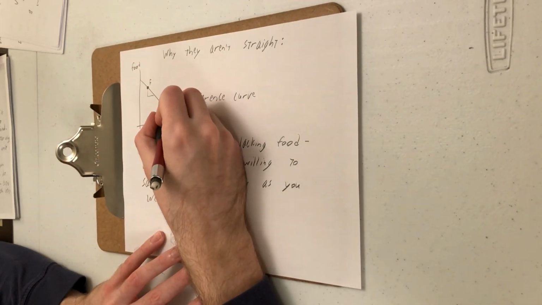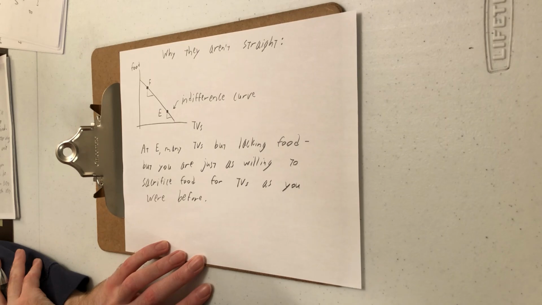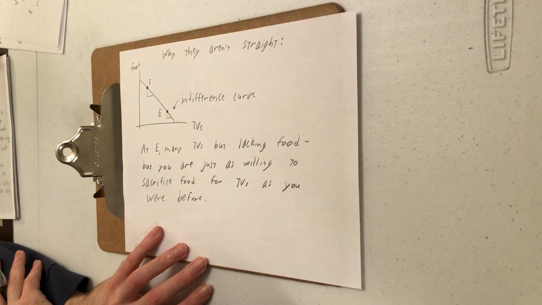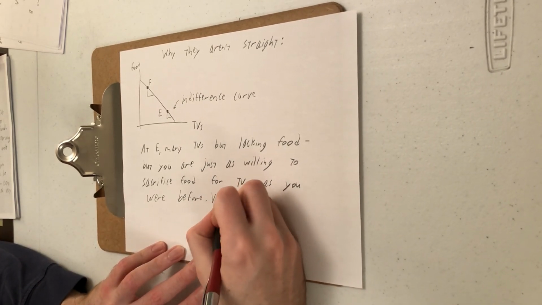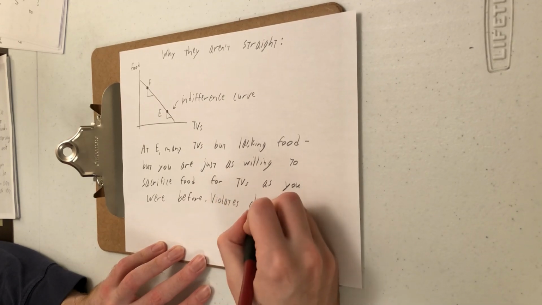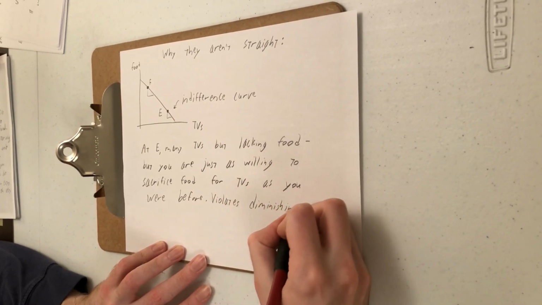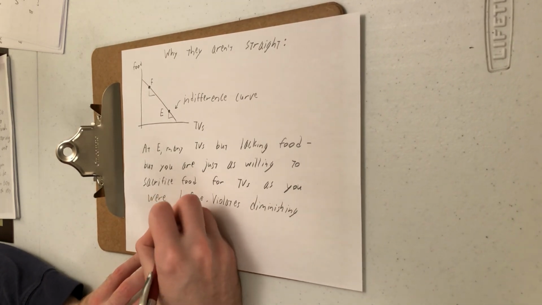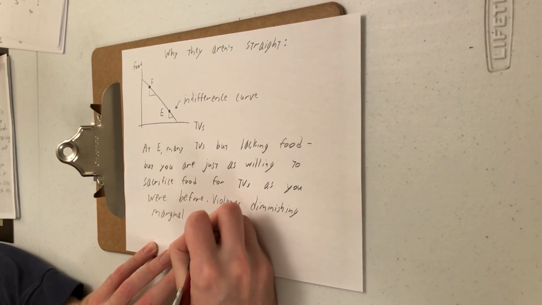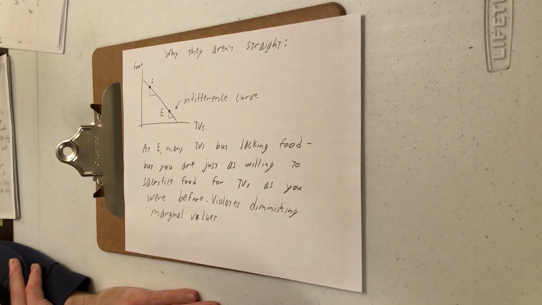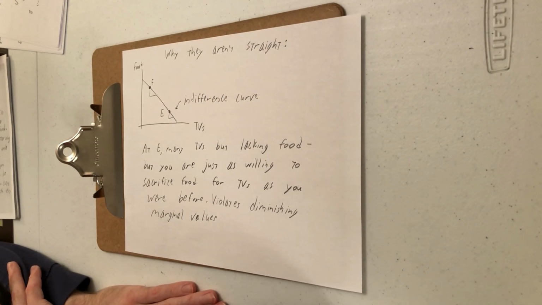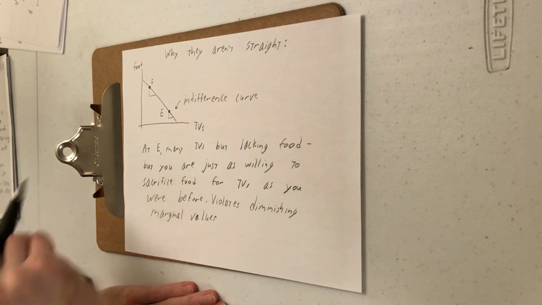Your slope is still the same, which means that the willingness to give up your food is the same if you have a lot or if you have a little, which does not make sense. So diminishing marginal values rules out stuff like this. So that's why indifference curves are curved. They're not straight.